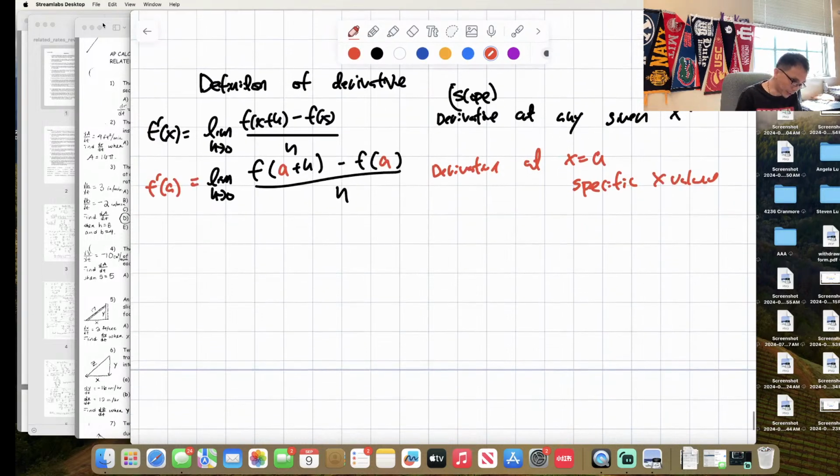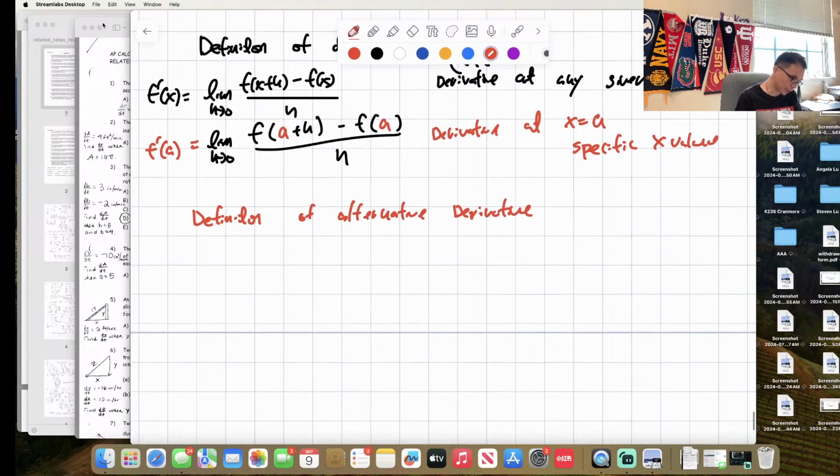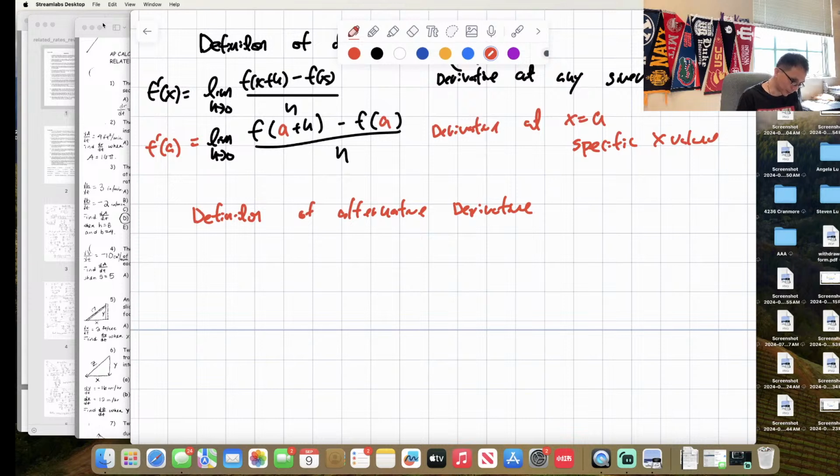So I'm going to give you the definition of the alternative derivative. Basically, roughly the same thing with limits, x approaches c.